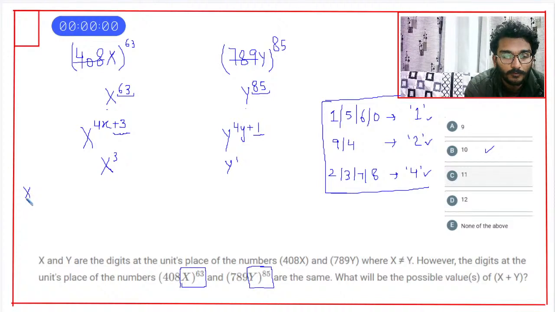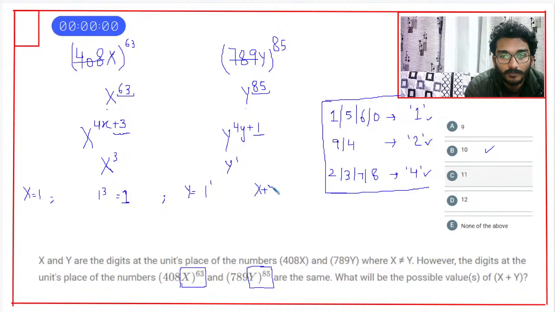So when I plug x equal to 1, 1 cube equals 1, right? So what can be the y value such that the result would be the same? So y is also 1 in this case. This is the only possibility for y.